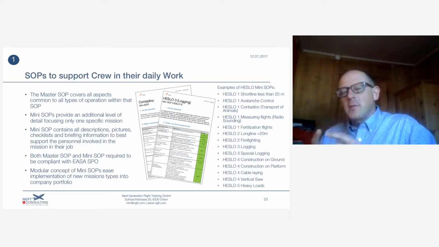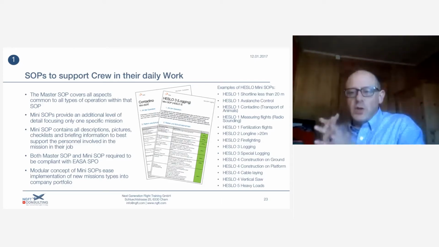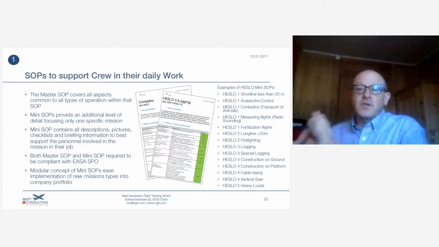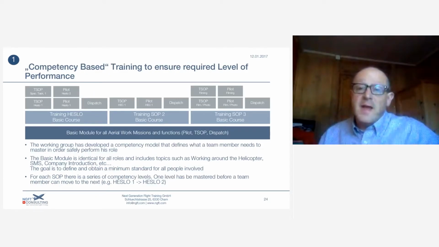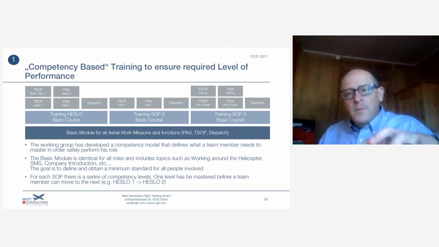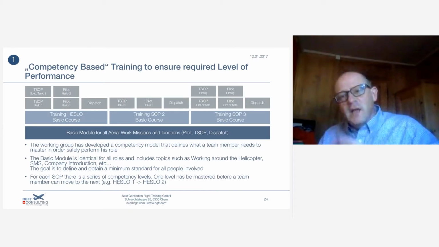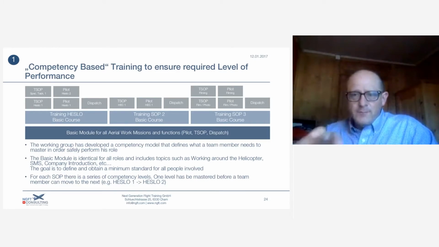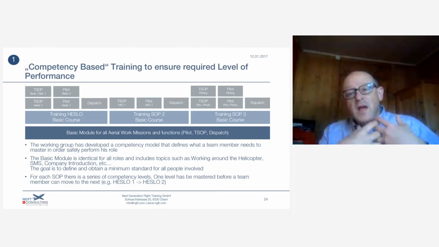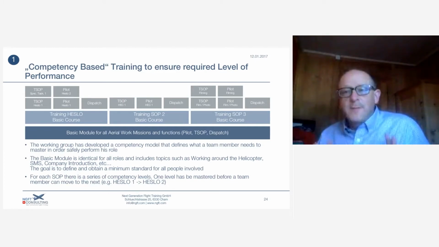It should basically tell you, like a recipe, a cookbook, when you open it up, you should be able to know what to do and how to do the operation. Again, the level of detail we can talk about. On a side note, a side effect is the training associated, because aerial work is just so varied.